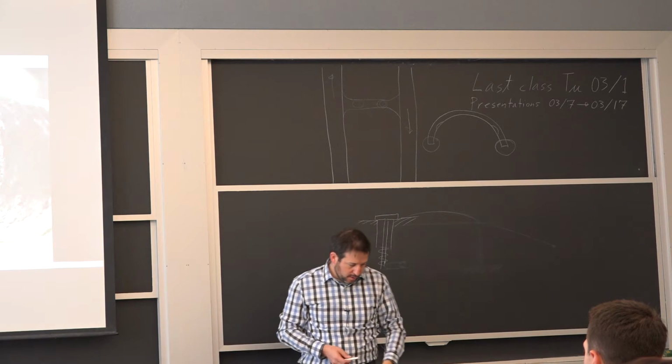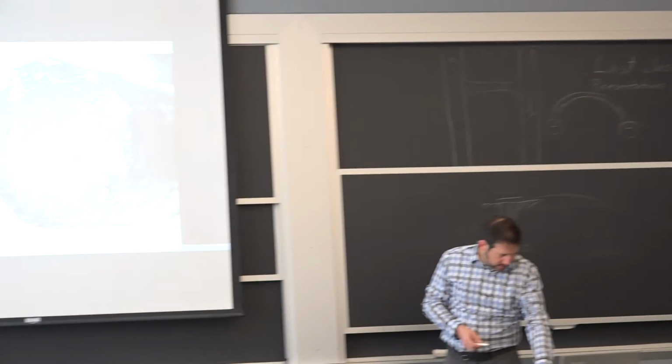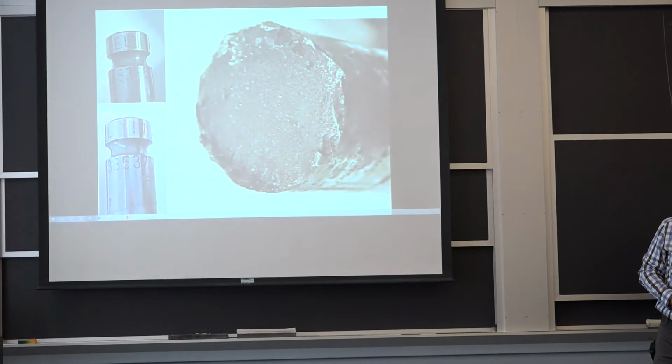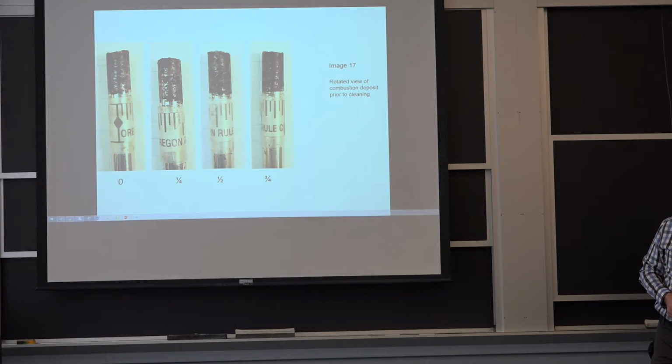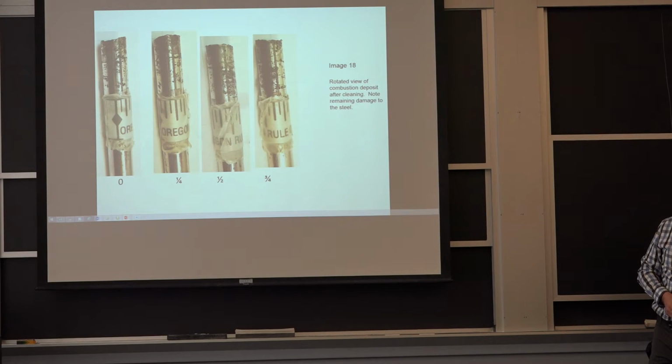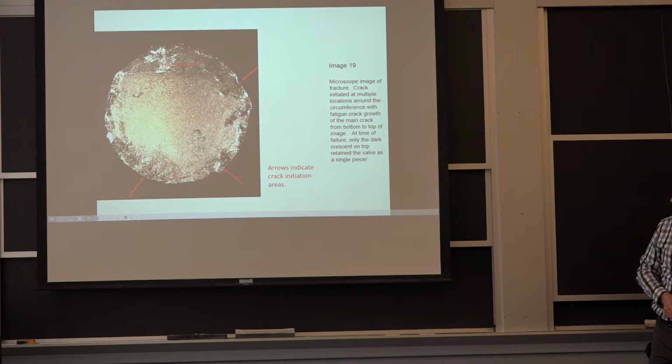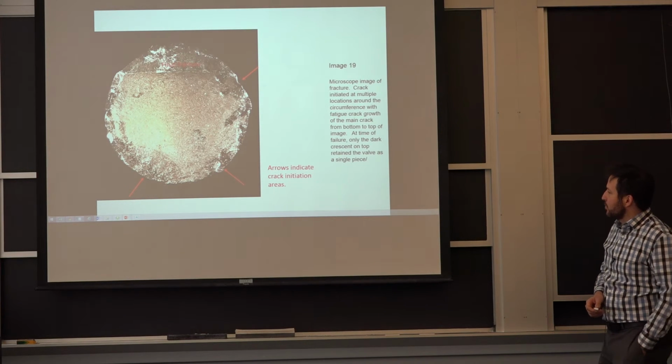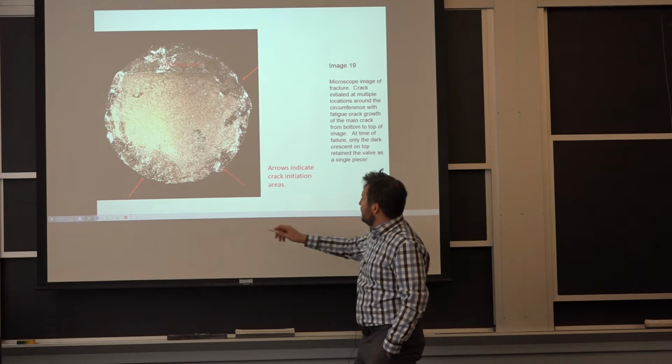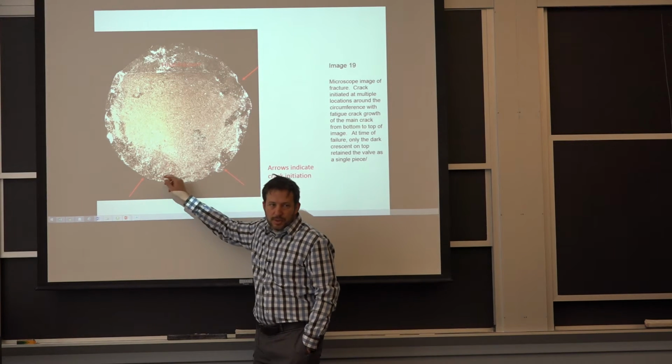There was just documentation here. When you do these things, before you clean it up, to look at it more carefully, you have to document the conditions, so if somebody else wants to review what you've done, they can do that. So once it's more clean, you can see more clearly those two initiation sites.